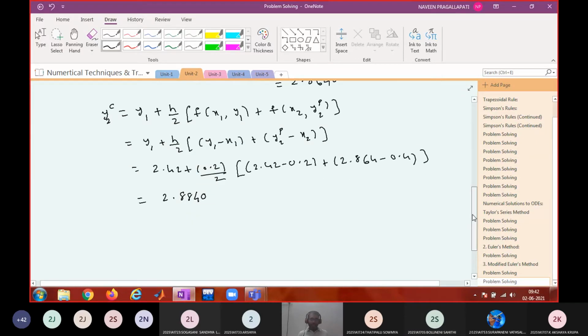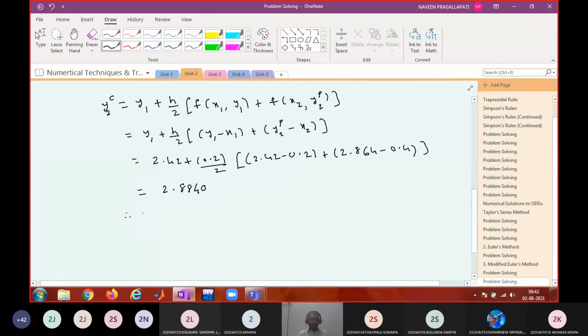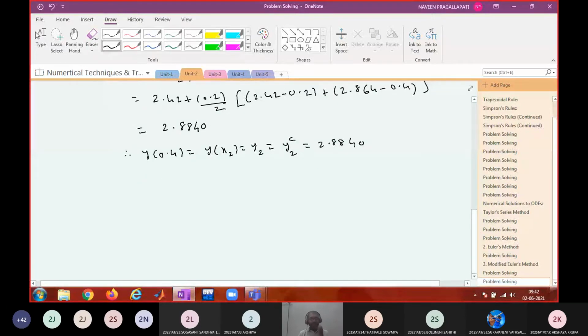Okay. So therefore y of 0.4 is equal to y of x2, which is y2, which is y2 corrector, equal to 2.8840. In a similar way, please find out y3.